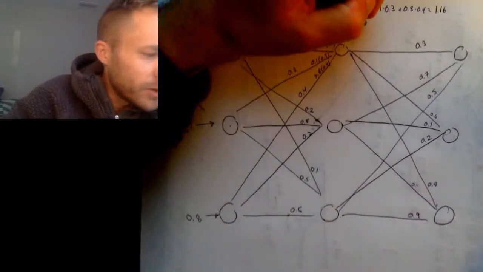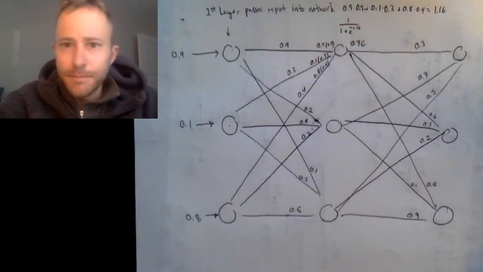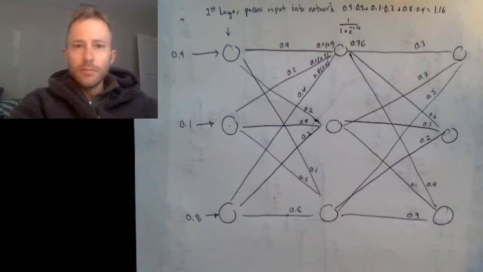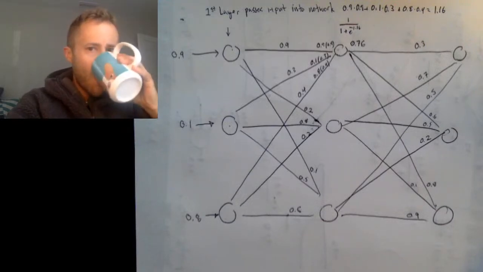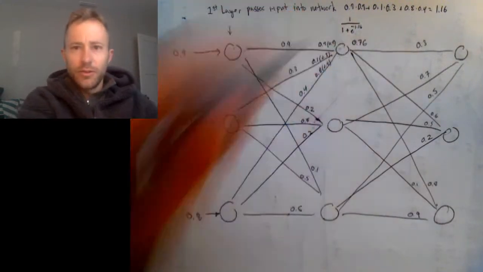And so the output is 0.76. Okay, so that's the output of this neuron.